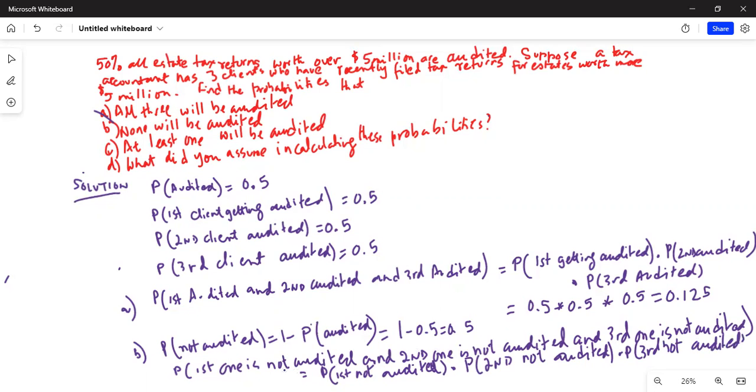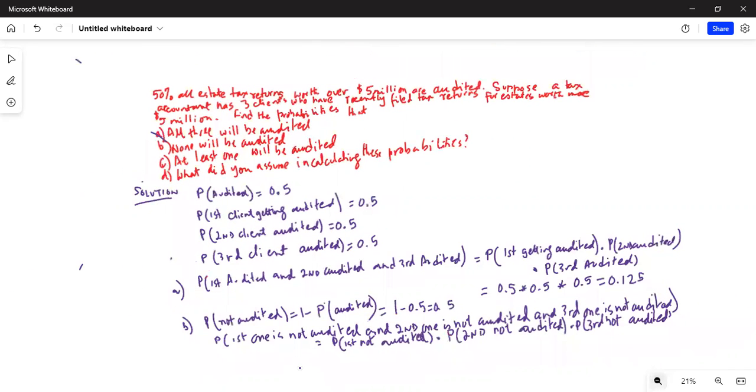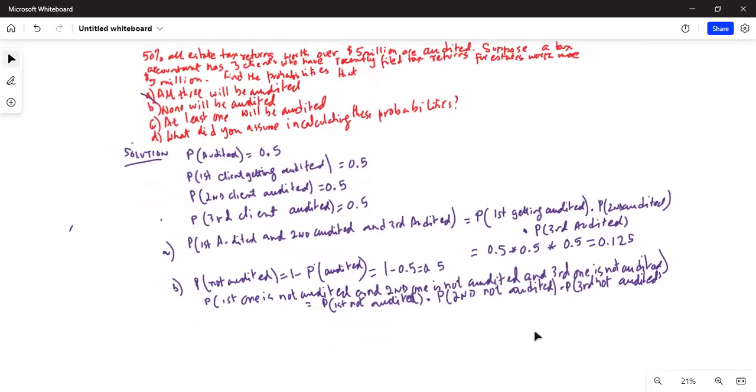And that is equal to 0.5 times 0.5 times 0.5, which is 0.125.